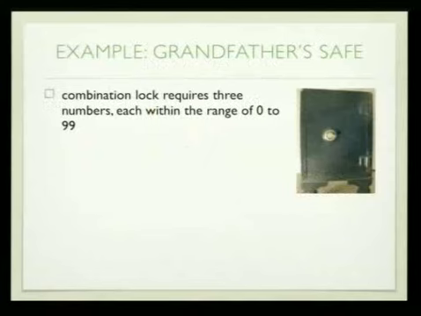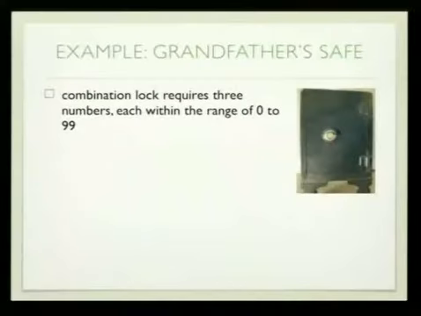Imagine that your grandfather dies and he does not leave you with a combination to his safe, and you are his heir. So now you've got to break into that safe, and to illustrate this concept of functional information, the first thing we need to know is how many numbers are involved in the combination. In this case, we'll suggest there are 3 numbers, each of which can range from 0 to 99.